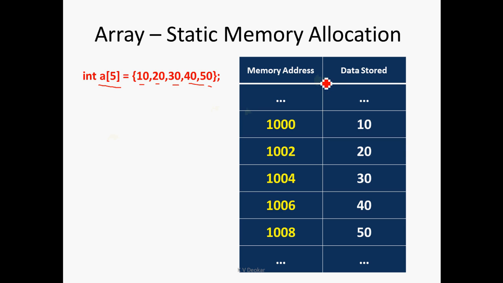Inside memory, it will allocate memory in the stack area, and it will be a continuous memory allocation. Here you can see at memory address 1000, the first element 10 is stored.